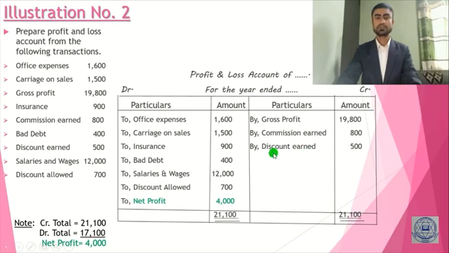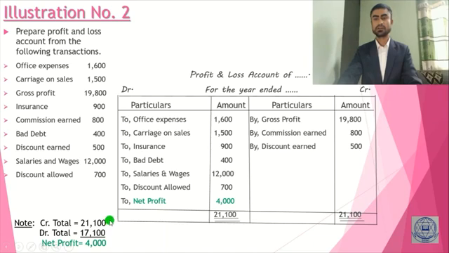But here it is allowed, so it is written on the debit side of the profit and loss account, 700. Okay, so now let's compare both the amounts. Here is the credit total 21,100, the debit total 17,100.